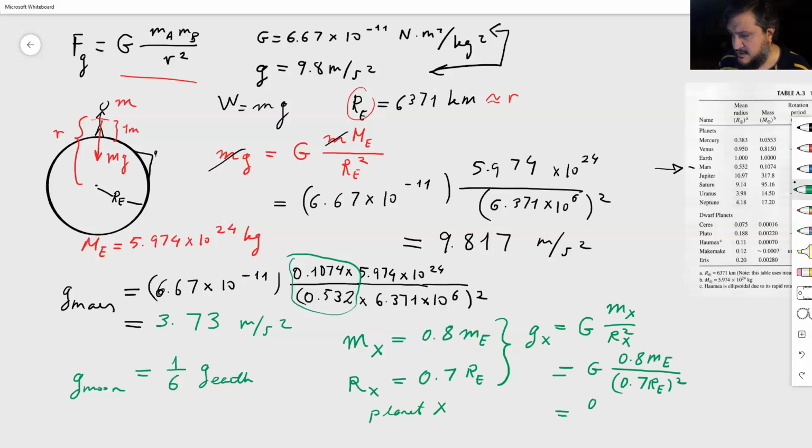So that will be 0.8 divided by 0.7 squared times g Earth. All right, so that's the idea. So 0.8 divided by 0.7 squared, 1.63. Now you would be heavier on this planet, right? 1.63 Earth g.